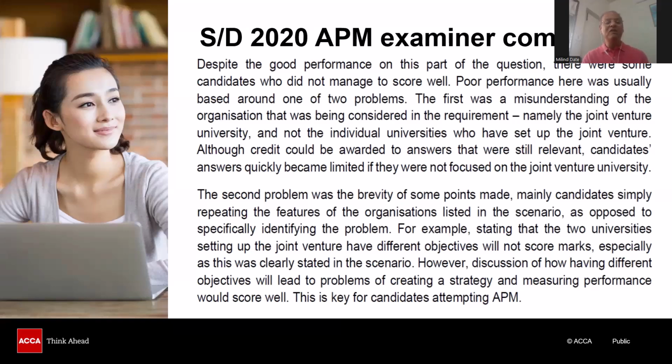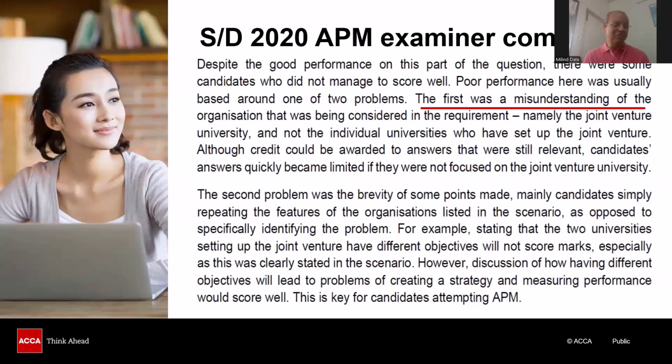It was usually based around one of the two problems. So there are two performance areas that answers identified. One, there was a misunderstanding about the organization that was being considered in the requirement. And this organization was the joint venture university. Students went on to comment on the performance or problems faced by the two individual universities.